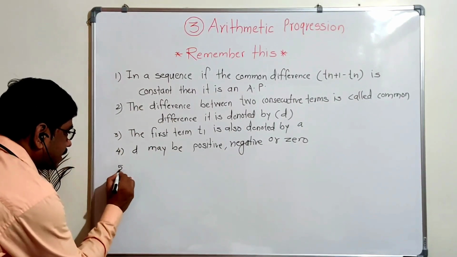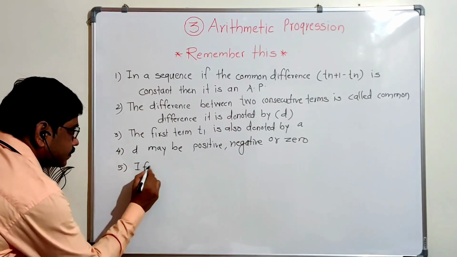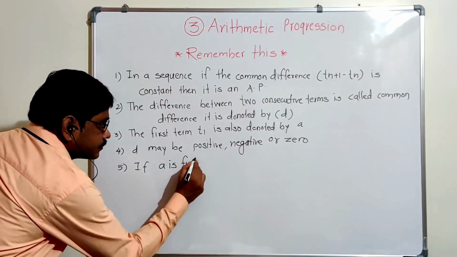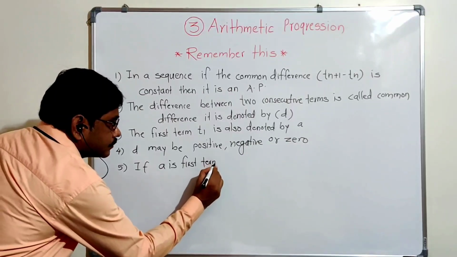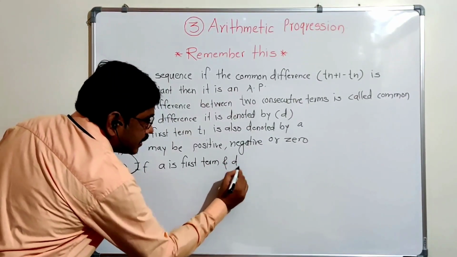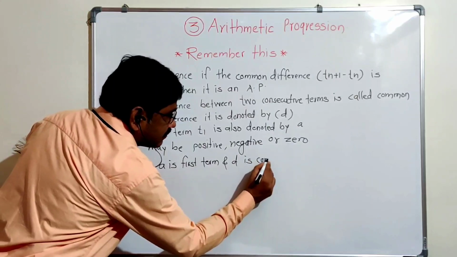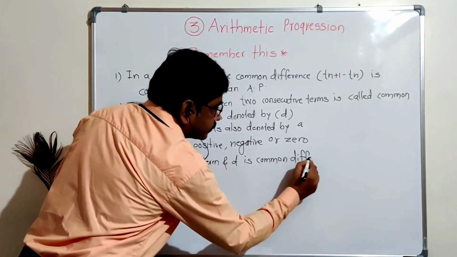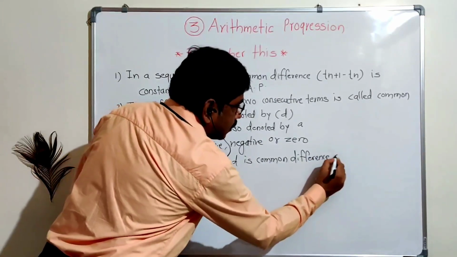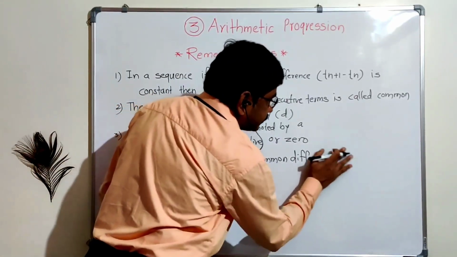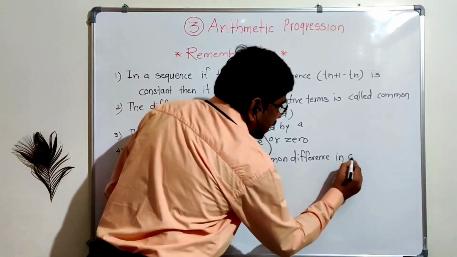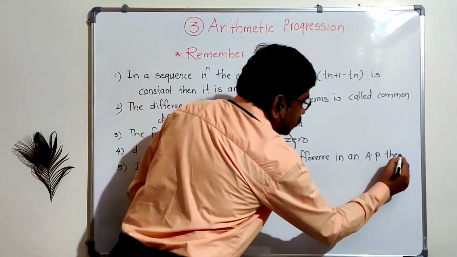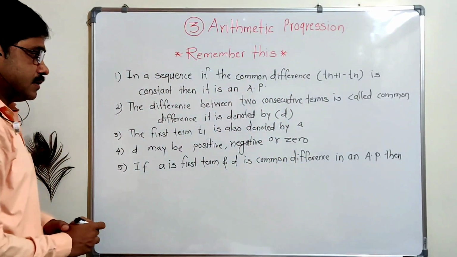And the fifth point, if A is the first term and D is the common difference in an AP, then how to write that arithmetic progression?